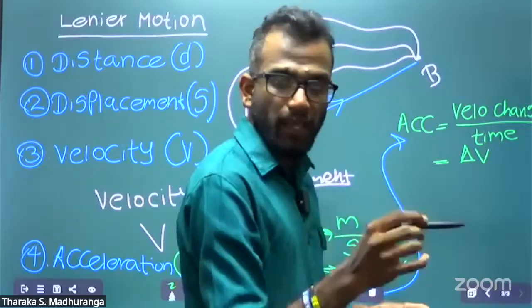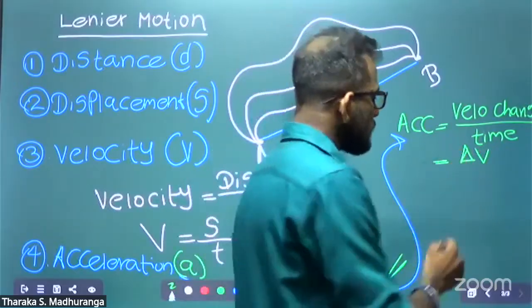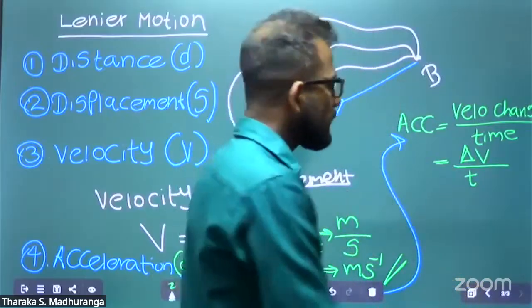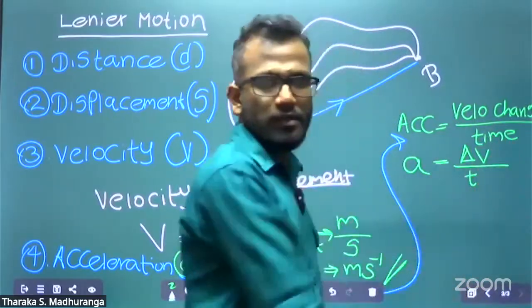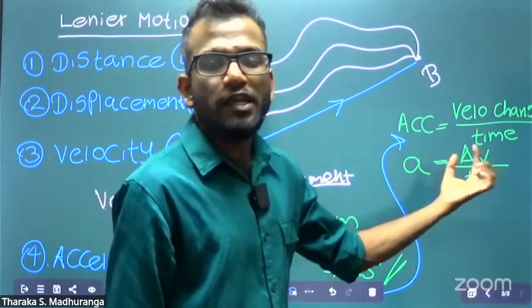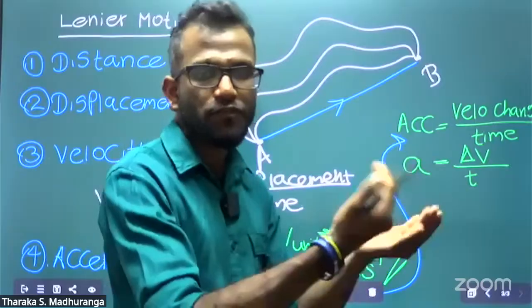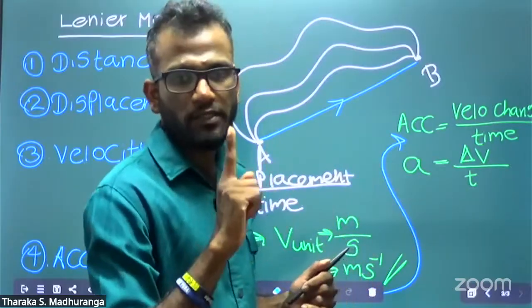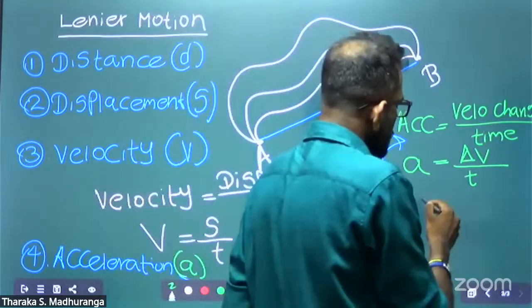Velocity change divided by time, t. That equals acceleration a. That's why we divide by time, so that the time becomes 1 unit. Okay, now what's the unit of acceleration?